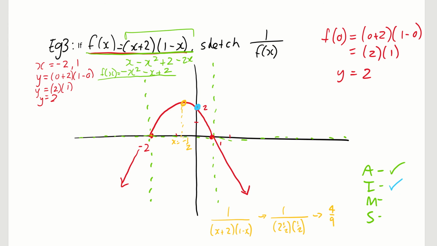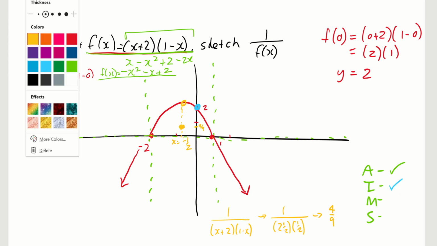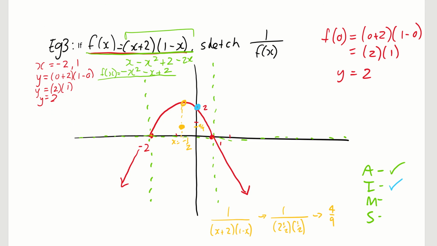Okay, so that is a smaller number. I'm going to plot it on here. So 4/9 will be down here somewhere. So this becomes a minimum at 4/9, x equals -1/2. So my minimum is at the point (-1/2, 4/9).